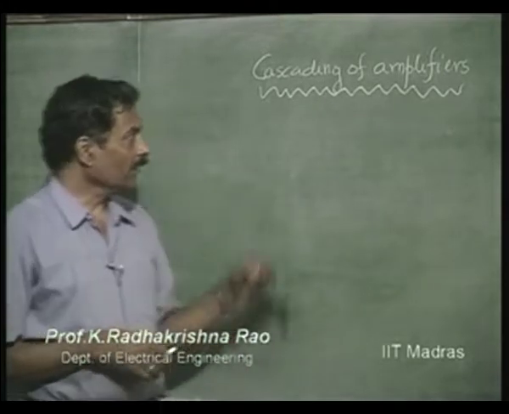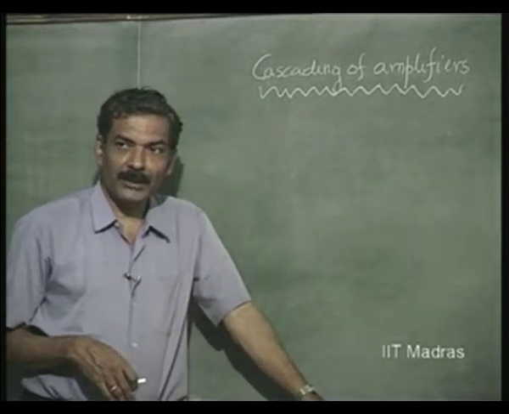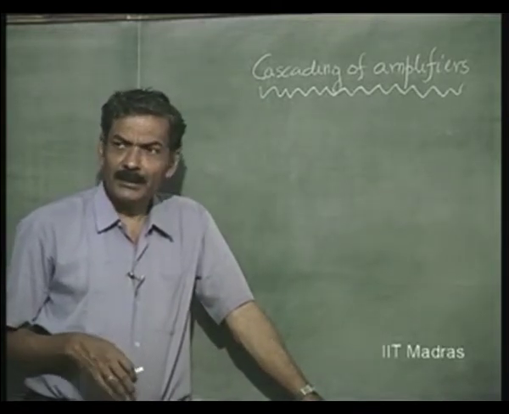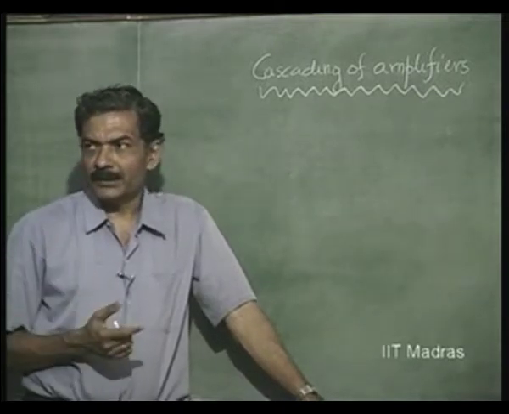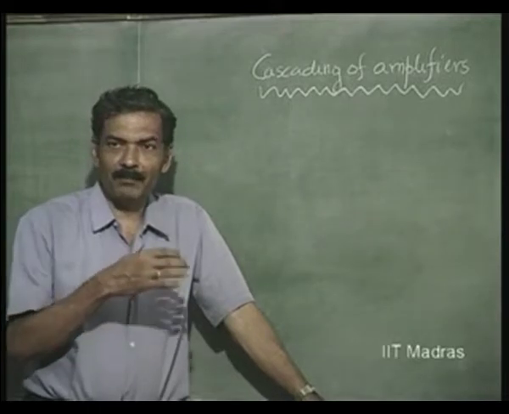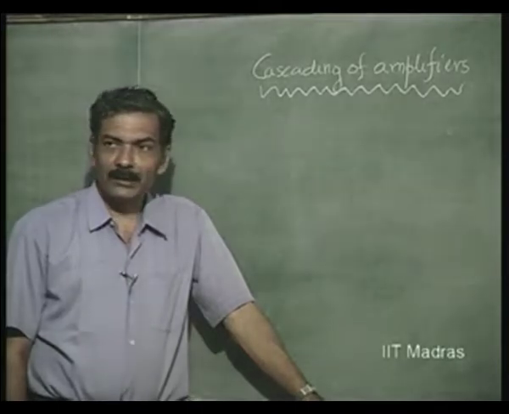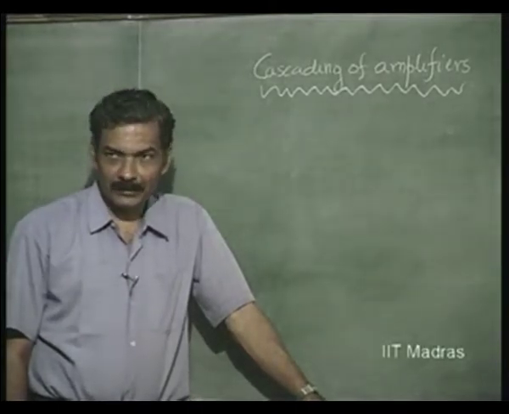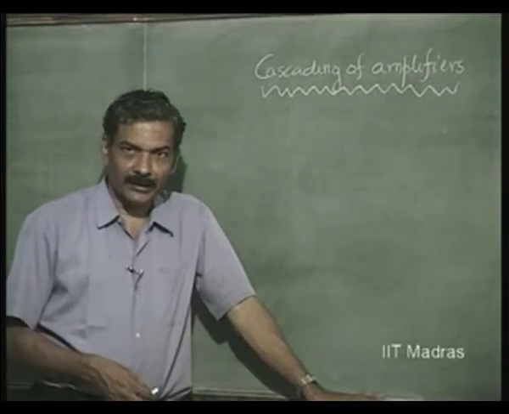Now, we should also learn about an important aspect of design in case our amplifier gain by a single stage is not sufficient, how to improve it by what is called cascading amplifiers. This is what is done in order to improve the gain over and above what a single stage can give.